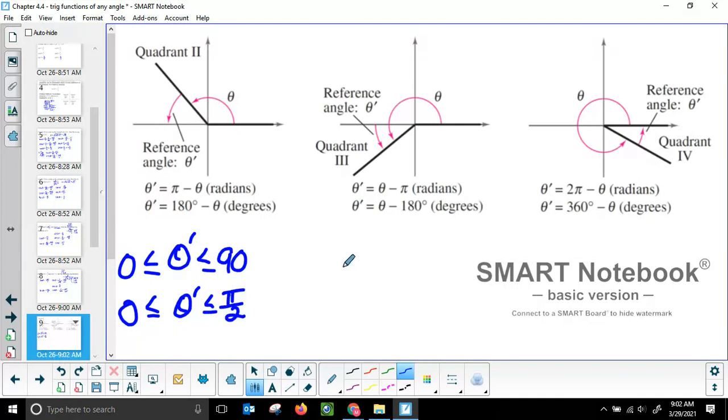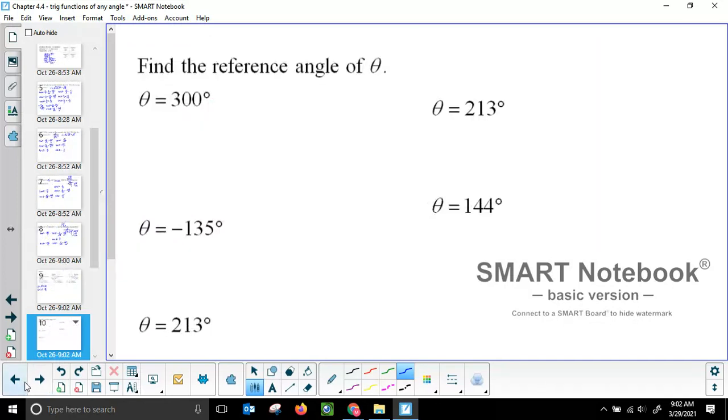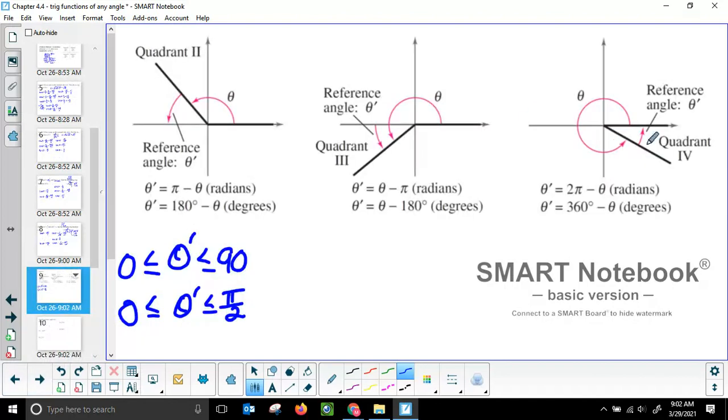And it always has to be positive, 90 or below. The easiest way to do it, I think, is to see how you're always going to or from the x-axis. I just think of it as the fastest way to the x-axis.